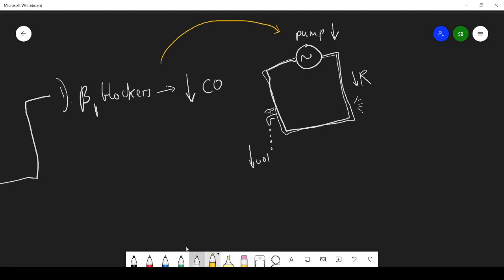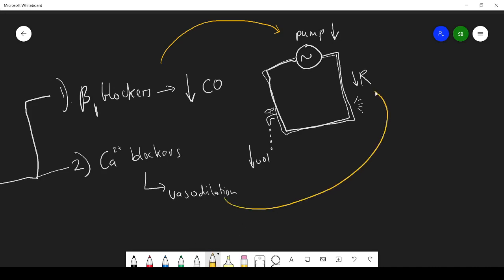What about reducing the resistance? Well, here we can use calcium channel blockers, which help to cause vasodilation, and that is doing this. Of course, calcium channel blockers also do a little bit to turn the pump down as well.